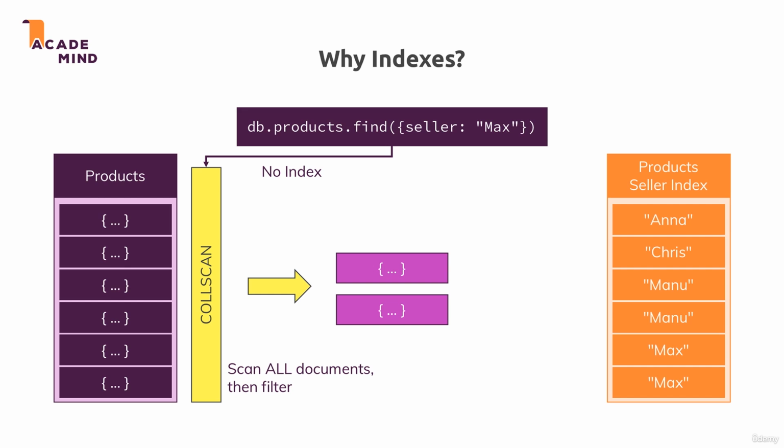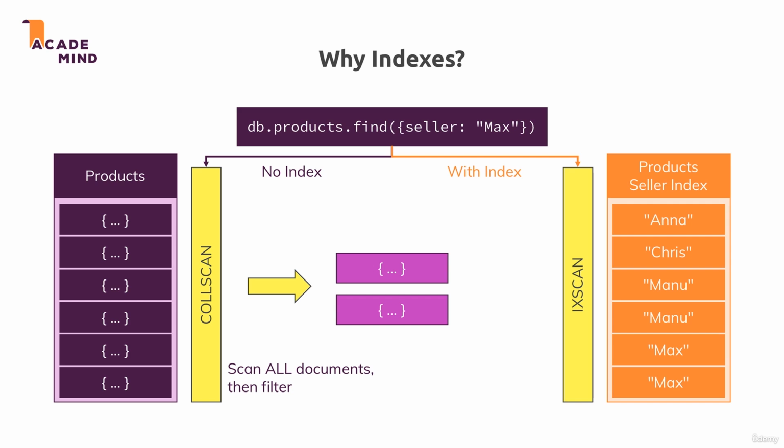Now this allows MongoDB to do a so-called index scan to fulfill this query, which means it sees that for seller such an index exists, and it therefore simply goes to that seller index and can quickly jump to the right values, because there, unlike for the collection, it knows that the values are sorted by that key. So it doesn't have to look at the first 3 records if it's only looking for records starting with M, or to be precise, records equal to Max.